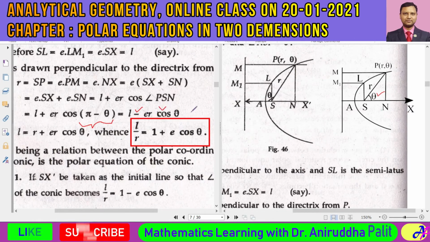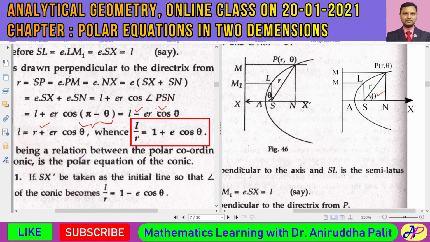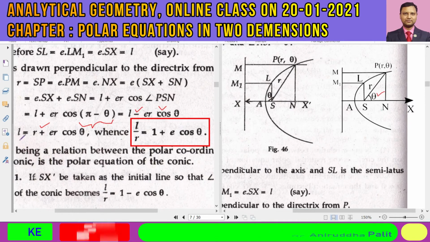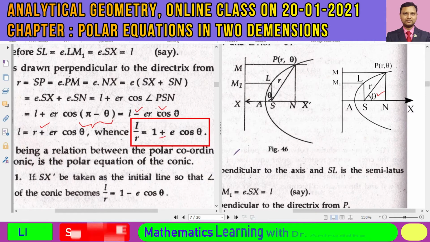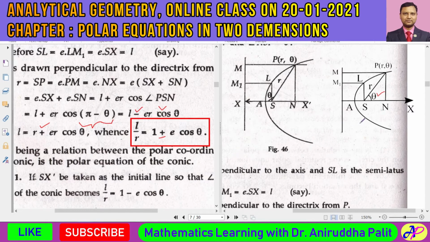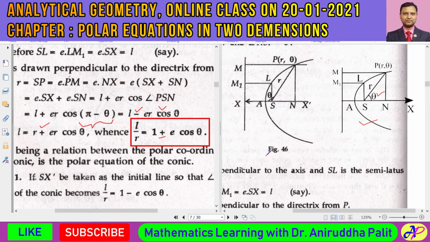And whenever this term is taken on the left hand side, in place of this positive symbol we shall have a negative symbol. Got it? And whenever it is divided by r, again we shall have a negative symbol. So 1 minus E cos theta would come. If you consider this first picture, in that case L by r is equal to 1 plus E cos theta would come.